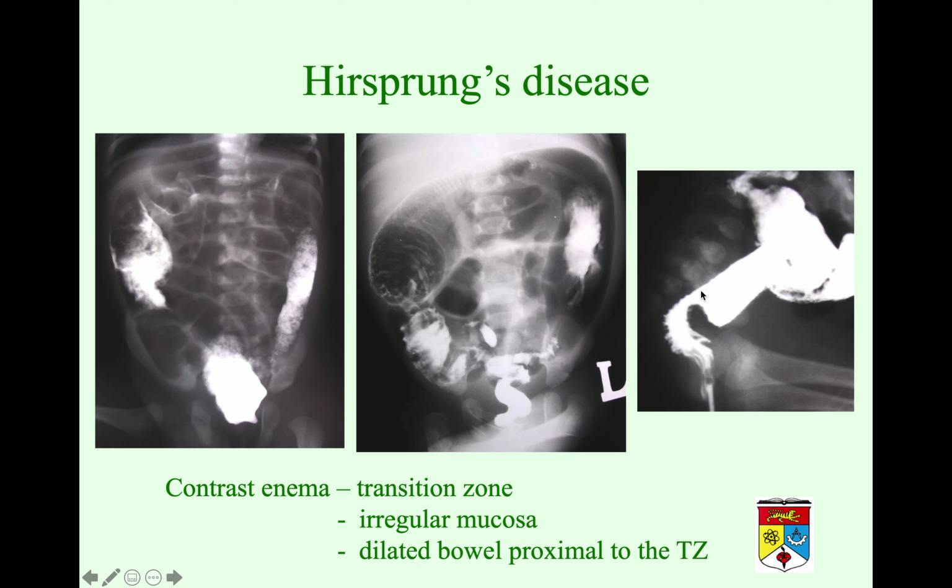That's why the patient has obstruction. Another feature would be the abnormal rectosigmoid ratio, but as long as you know that the contrast will show a transition zone at the region of the rectosigmoid junction, that is good enough, because that is one of the ways for us to diagnose Hirschsprung disease.